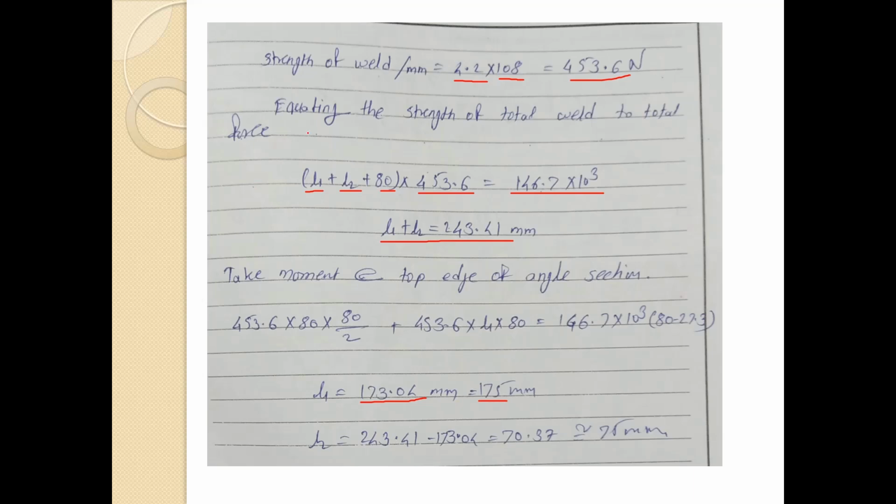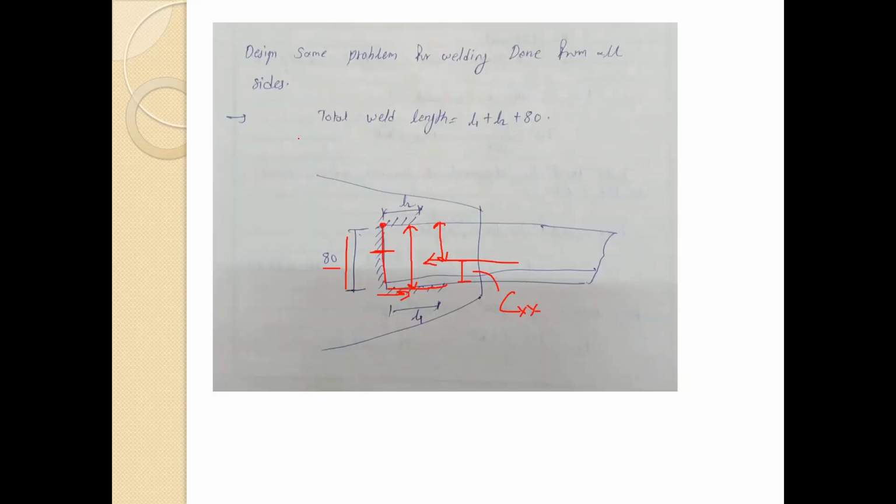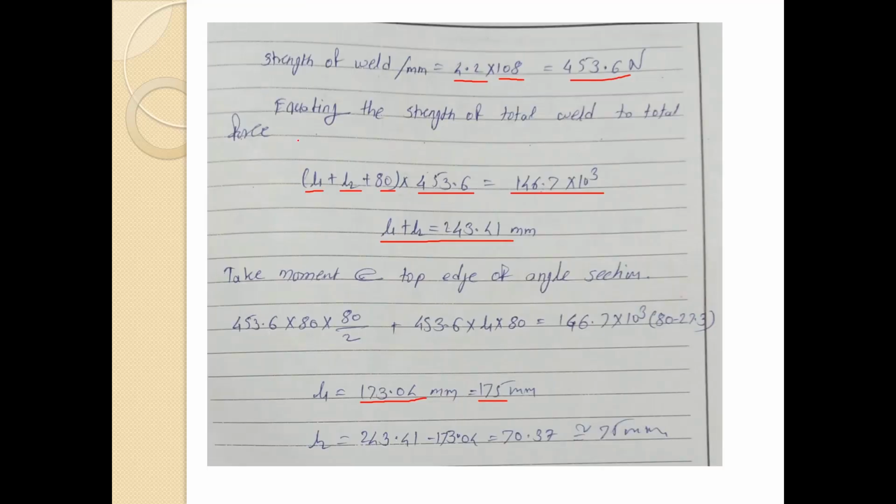So again we have this total weld length equation, that is L1 plus L2 plus 80. So by using that equation we will get this L2 over here, 70.37, we are providing it 75 mm.